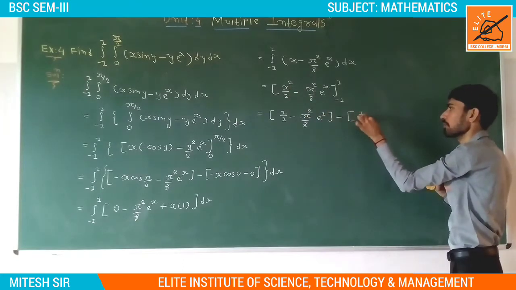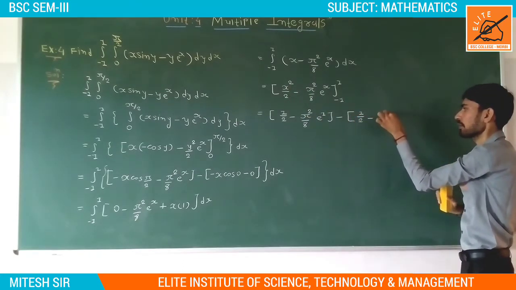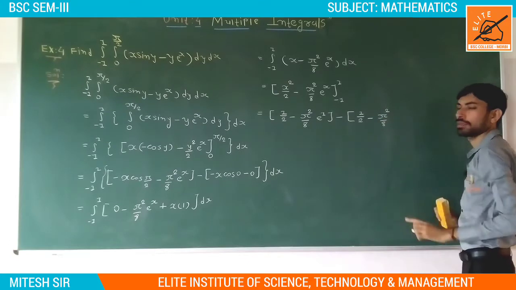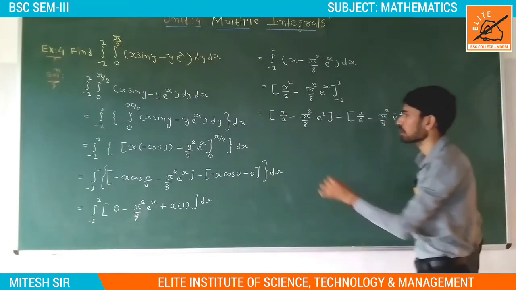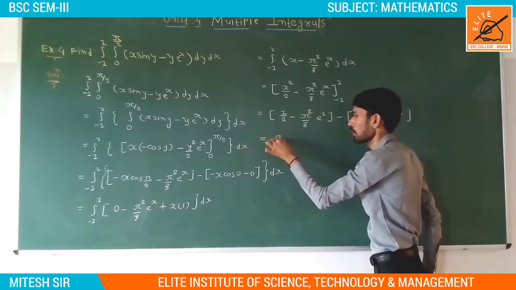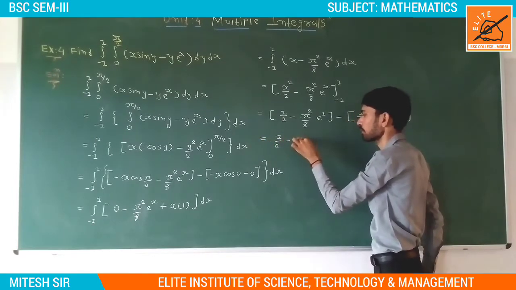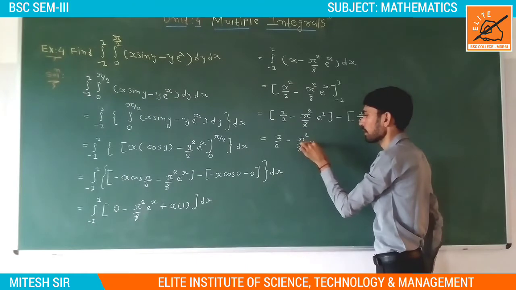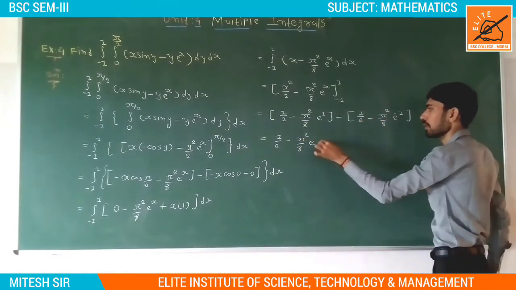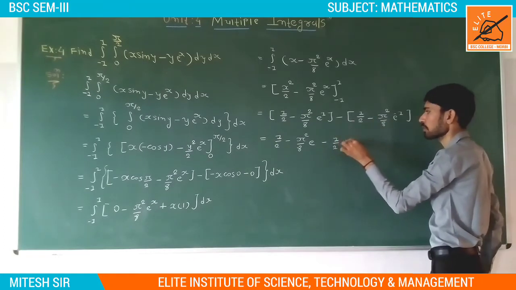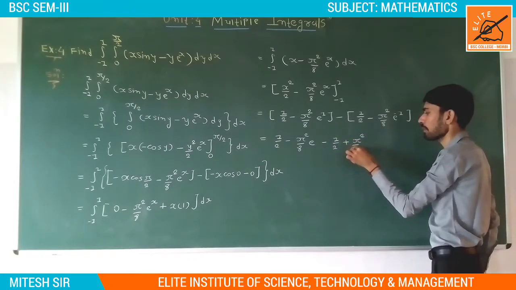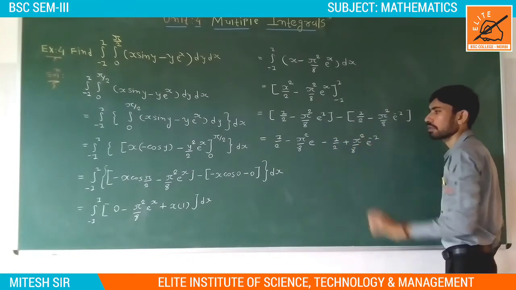So the term is 1 by 2 minus pi square by 8 e raised to minus 1. Now we simplify this. 1 by 2 minus pi square upon 8 e raised to 1, and the lower limit gives minus 1 upon 2. So this term becomes minus minus plus pi square by 8 e raised to minus 1.